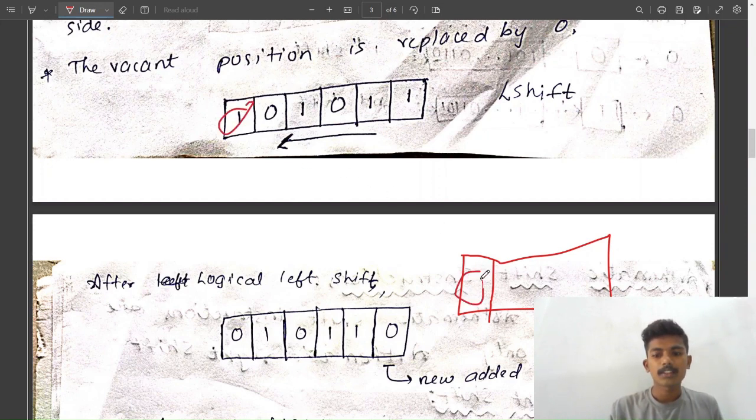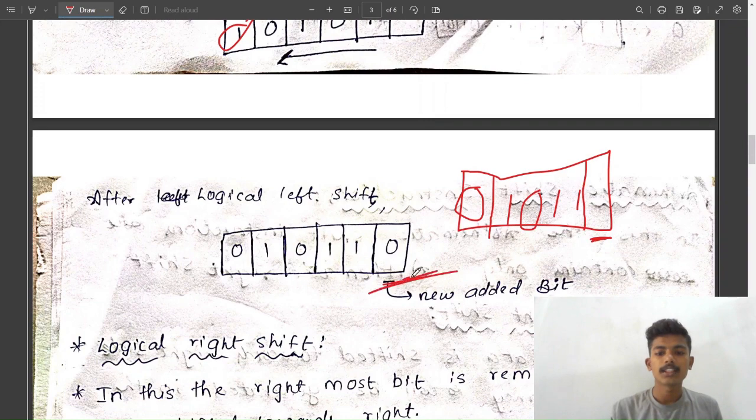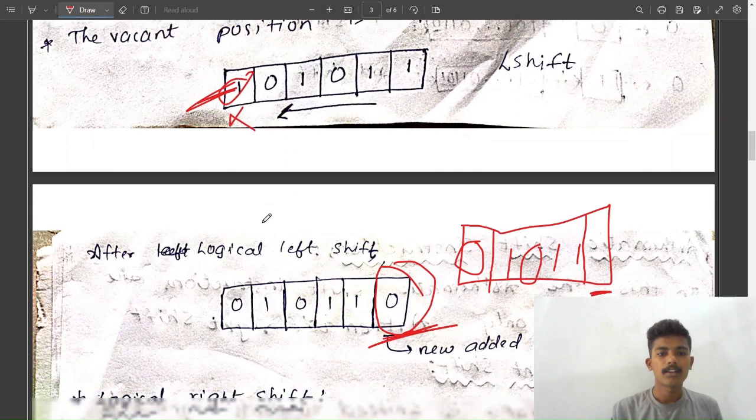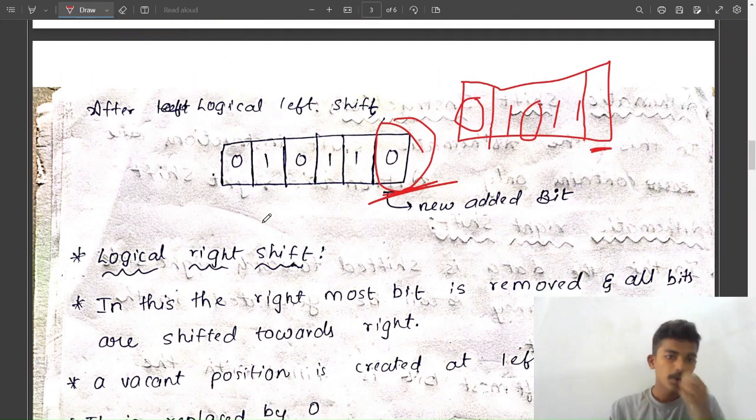So starting with 0, then 1, then 0, then 1, then 1, and here a vacant box is created. This vacant box is filled by 0. We can see this is the newly added bit, and the leftmost bit is eliminated. So this is the logical left shift.